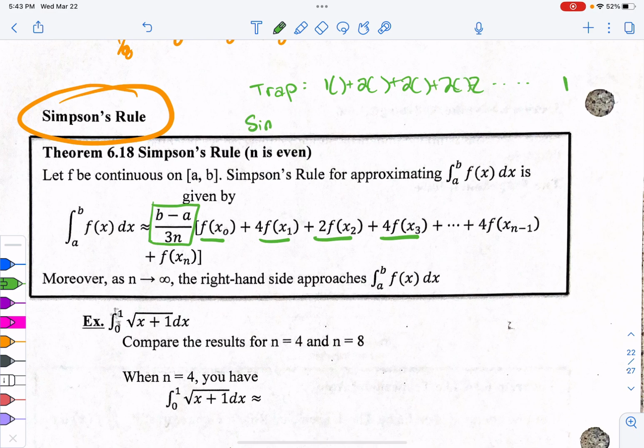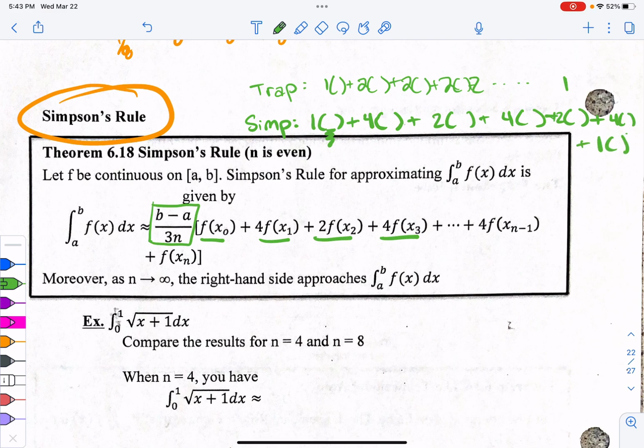For the Simpson's rule, okay, your coefficients go 1 for the first one. So you're going to take 1 times whatever you get when you plug that number in, plus 4 plus 2 plus 4 plus 2, and you keep alternating the 4 and 2 thing until you get to the last term, which is 1 again.